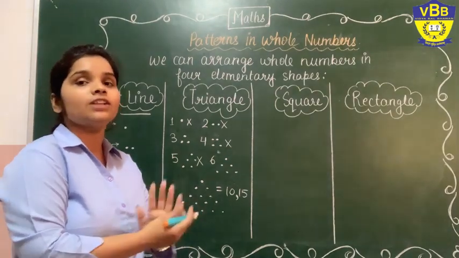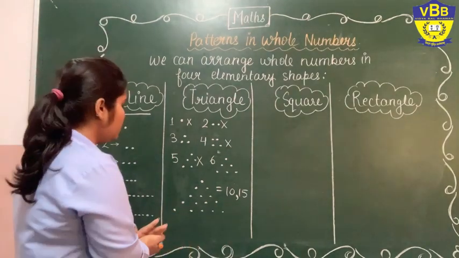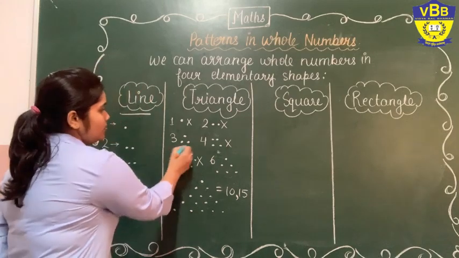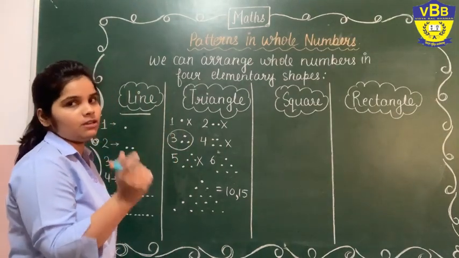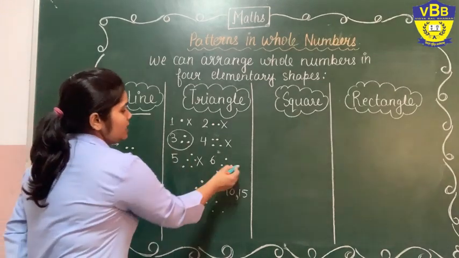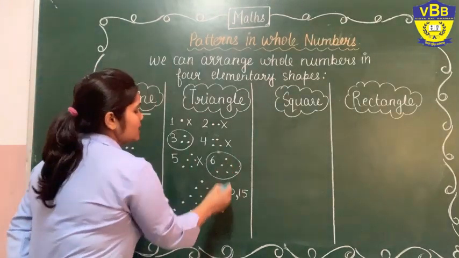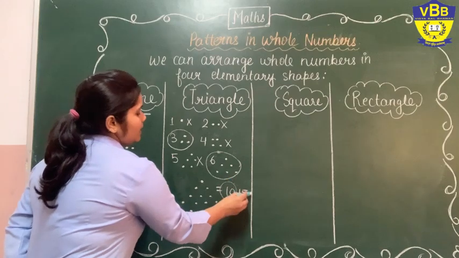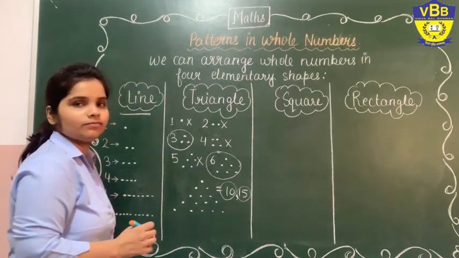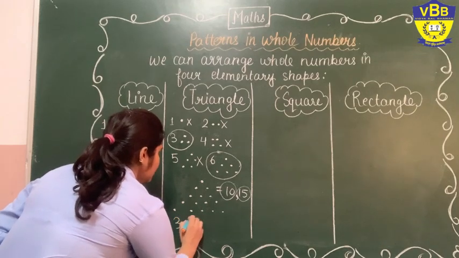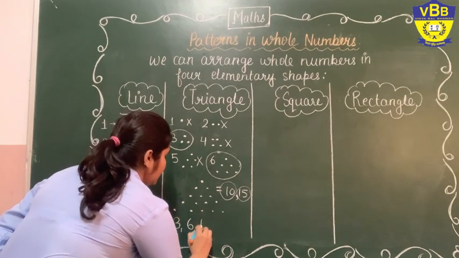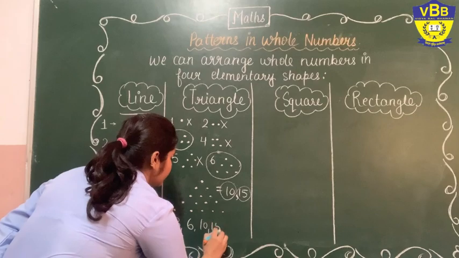So what are the triangular numbers you are looking for? First, the basic one is 3. The minimum number of dots we require to form a triangle is 3. After that it is 6, after that 10, and then 15. So it will be 3, 6, 10, 15.